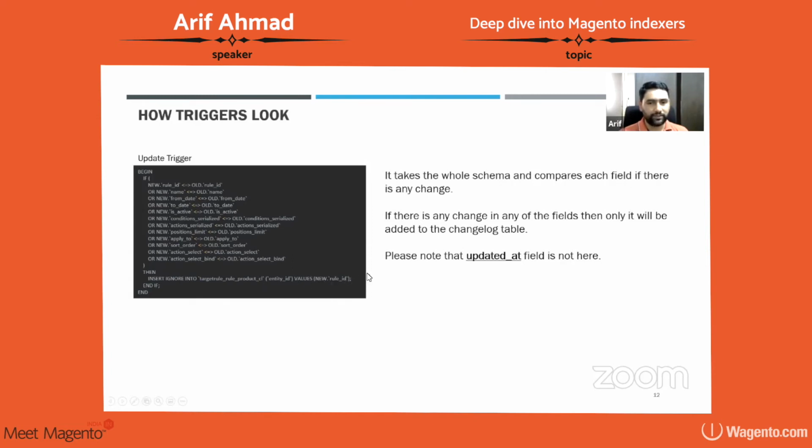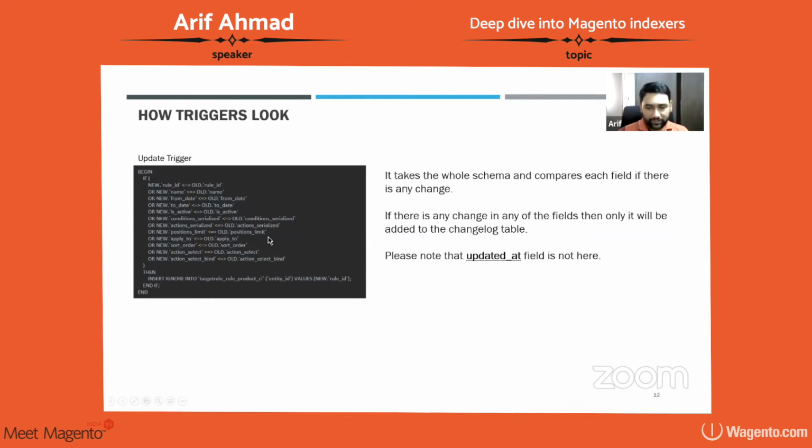The rule ID will be added over there. Just one thing here is the updated at field is not in this check. The updated at column is definitely available everywhere, as part of the schema, but it's not included in the check.